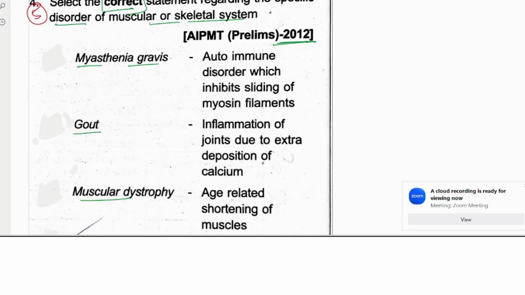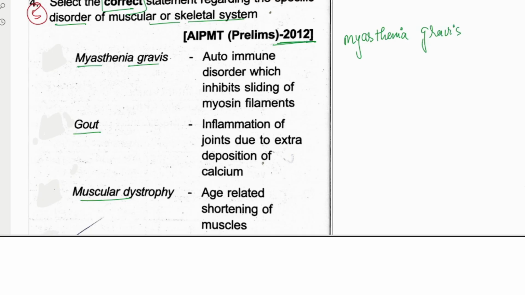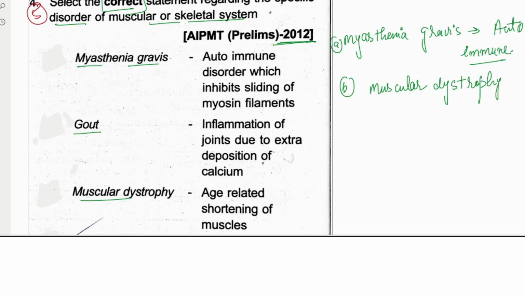So we should know some important terms, that is myasthenia gravis, which is an autoimmune disorder. Then next is muscular dystrophy. These terms you should know, which I am going to show you, because some are not in the NCERT, but we should know them because they are closely related to this chapter.